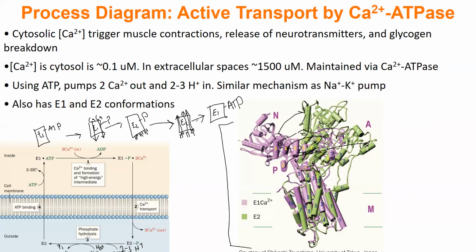So it's almost 100% the same as the sodium potassium ATPase, but here instead we are moving calcium and hydrogens. So questions about our hydrogen calcium pump here, or a calcium ATPase?